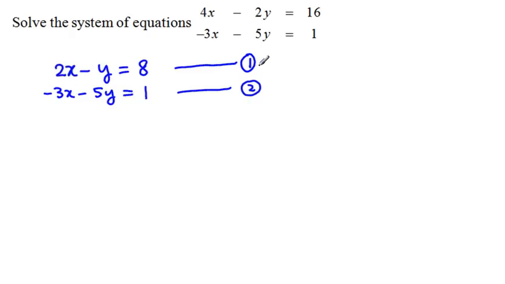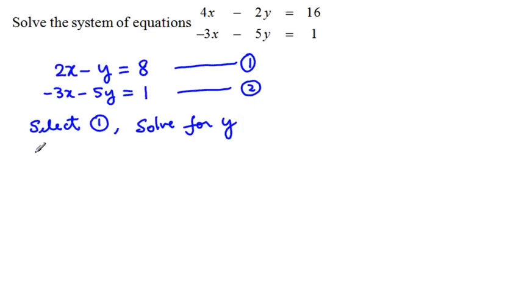We want to select equation 1 and solve for the variable y. That is the variable with the coefficient of 1 or -1. So let's see how we get y by itself.